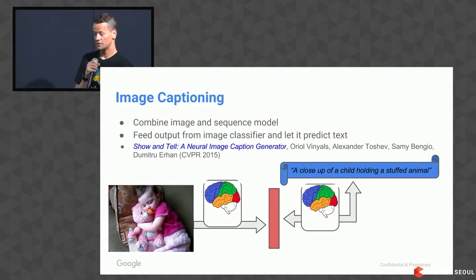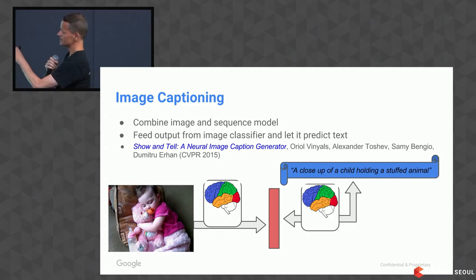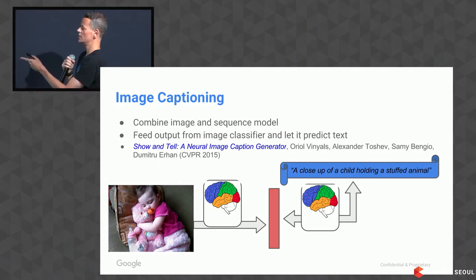Now we have talked about the image models and the sequence models. If you put them together, what can you do? This is really an interesting example that even made it, I think, to the New York Times. You put in an image, and it produces a description of the image. In this case, this picture, and what came out is a close-up of a child holding a stuffed animal.